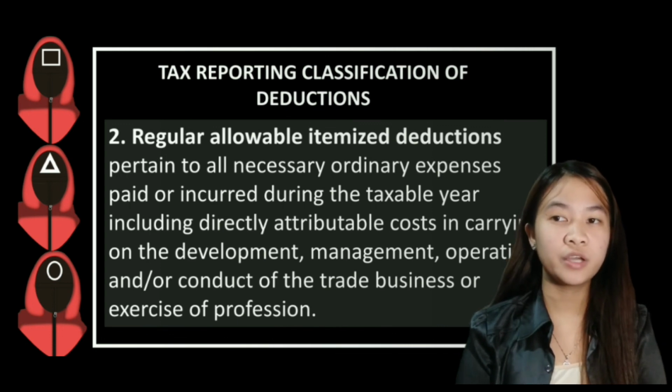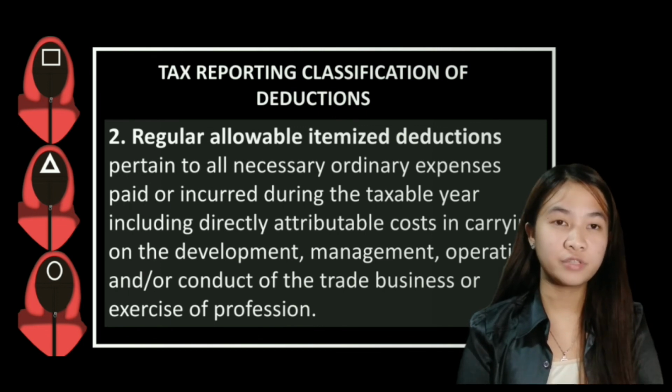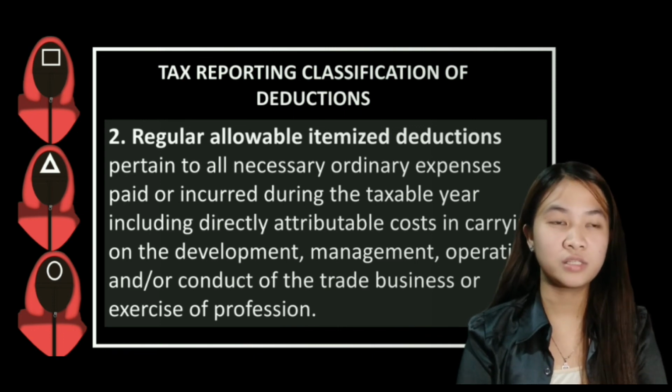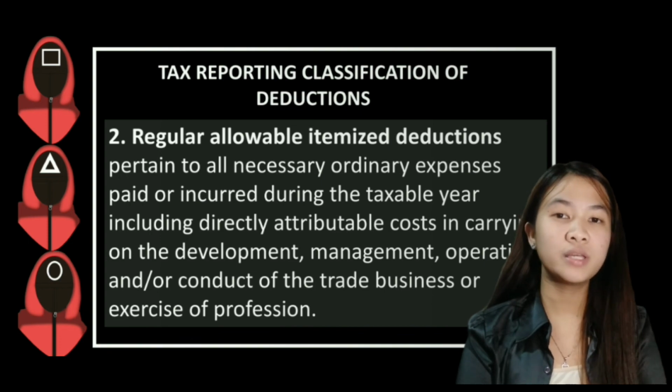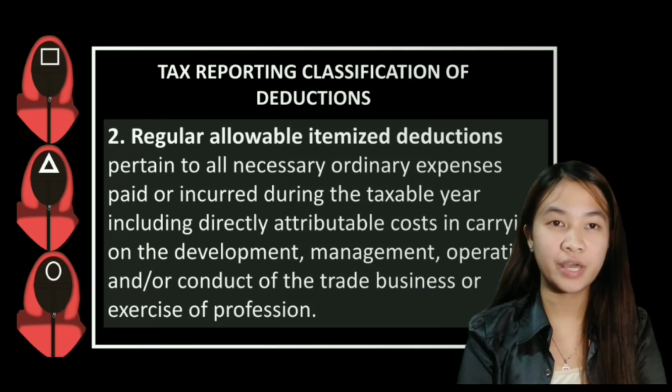Expenses which are not directly related to the acquisition of goods or provision of services are included in regular allowable itemized deductions. These include administrative expenses and selling expenses. This will be discussed in Chapter 13A.